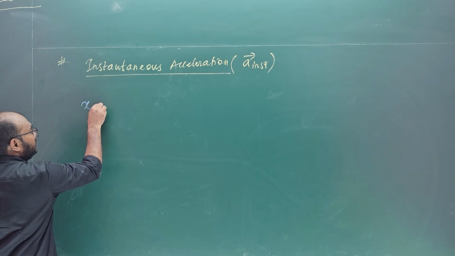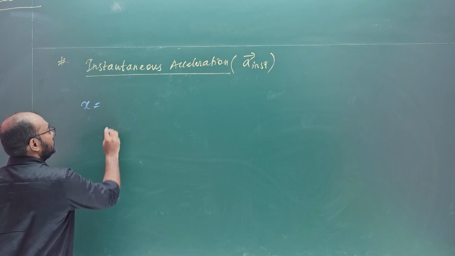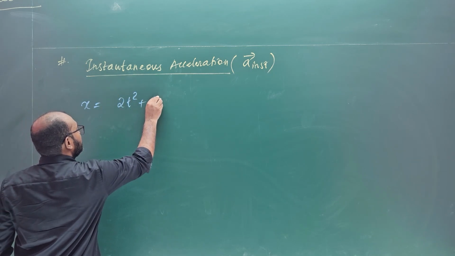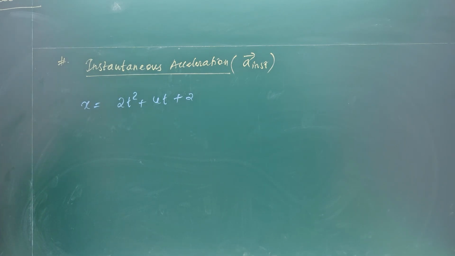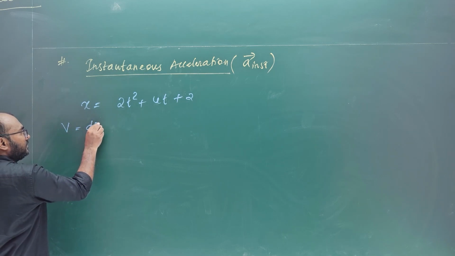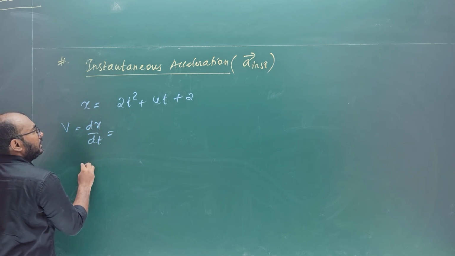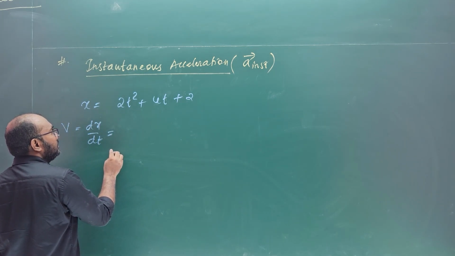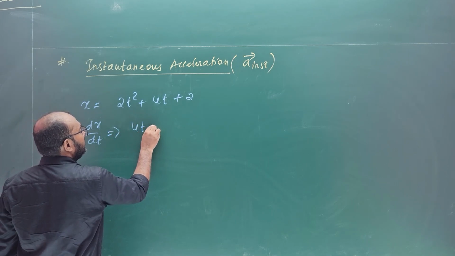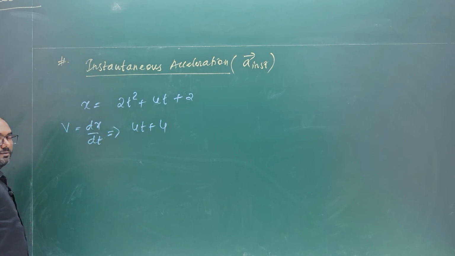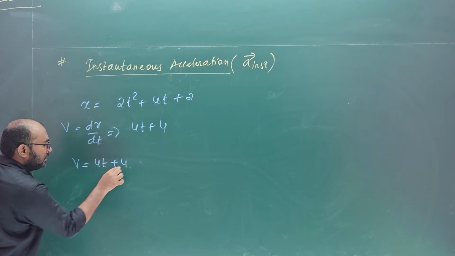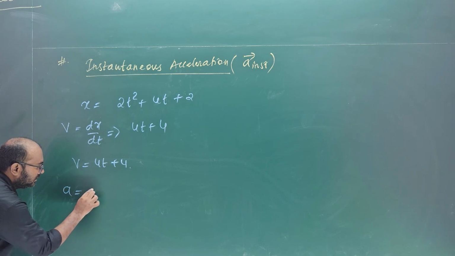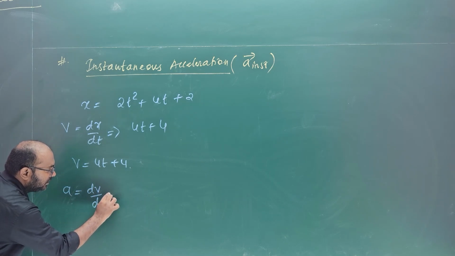Now listen to me. If displacement is given, x is equal to 2t square plus 4t plus 2. If I differentiate this for the first time, this becomes v is equal to 4t plus 4. Yes or no? So velocity becomes 4t plus 4. If I differentiate this one more time, this becomes acceleration, dv upon dt.